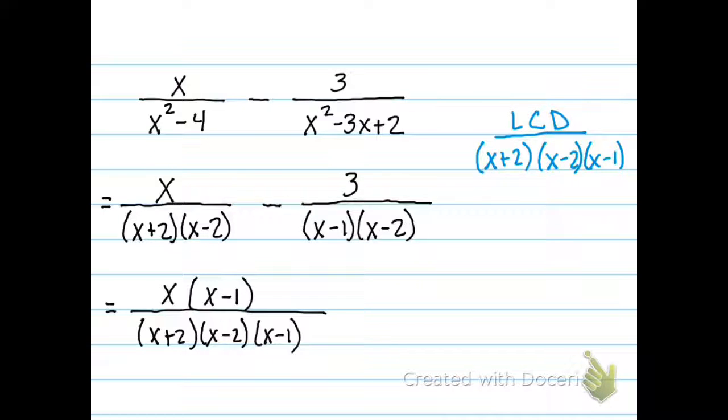Because essentially we're just multiplying the rational expression by 1. And then we've got minus, and we'll go ahead and write down the second rational expression. Right, so in this second denominator, the factor that it needs in order to have the least common denominator is x plus 2. Right, so we're going to multiply the numerator and denominator of the second rational expression by x plus 2.